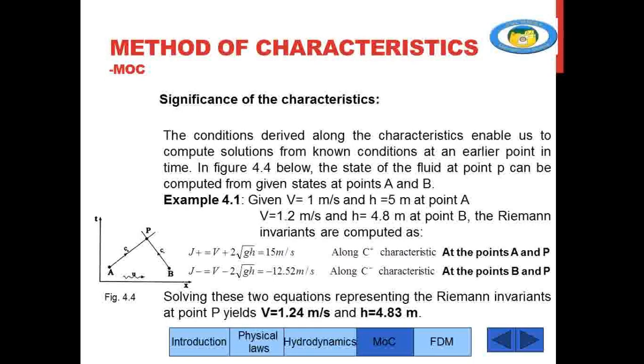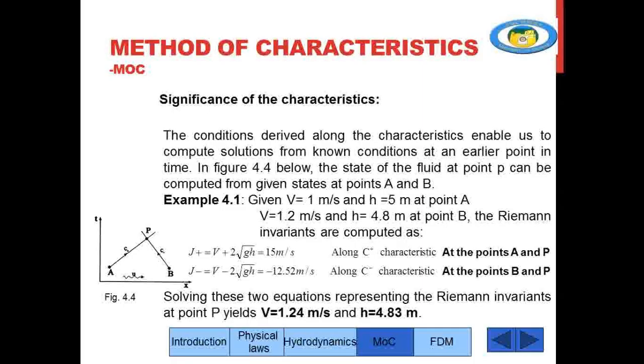It will be constant along the line C plus, or the forward characteristics. And V minus 2C, or V minus 2 radical GH, is constant along the backward characteristics, or C minus. So the values at A and the values at P along the forward characteristics, the Riemann invariance along that line is going to be constant.